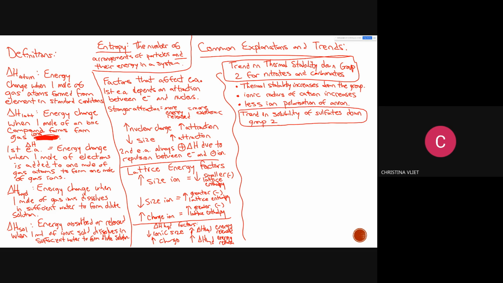Put a box around it. This is the one that can be 4 points, if you'll recall. Like this one and hydroxides are both 4 points. Getting closer. All right, sulfates. Solubility decreases down group 2.